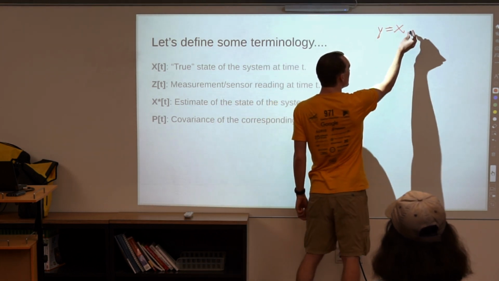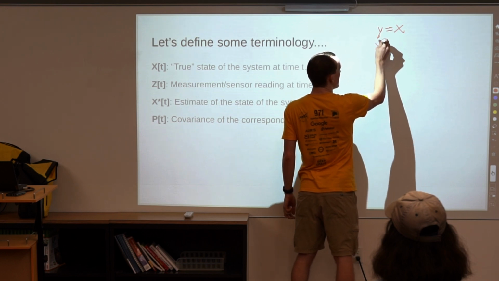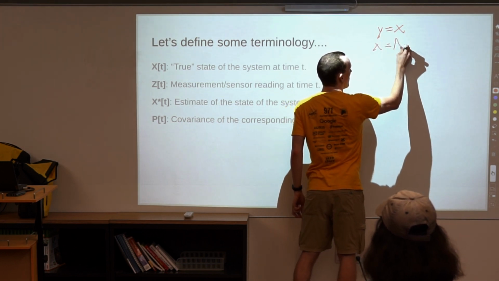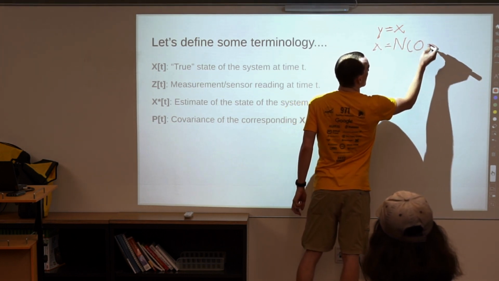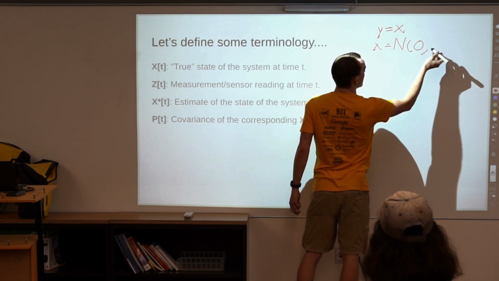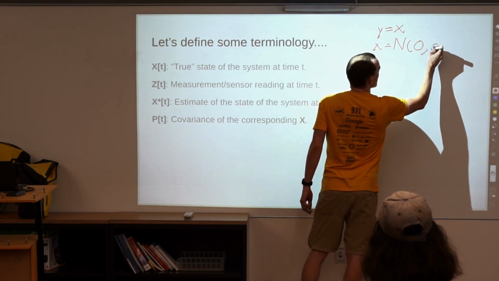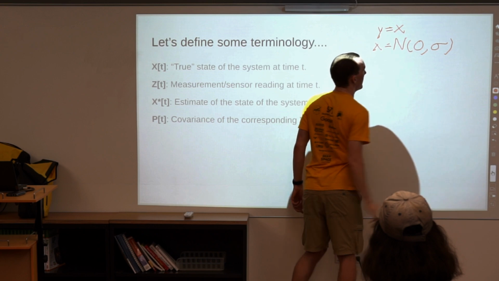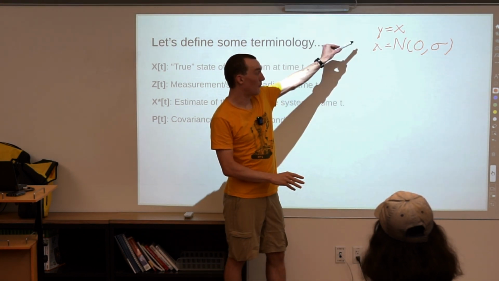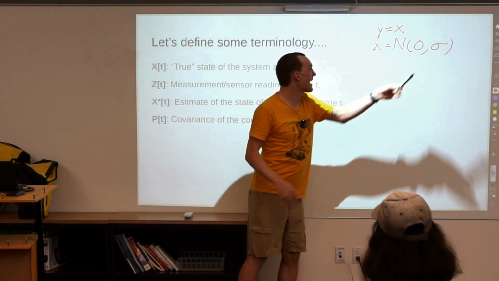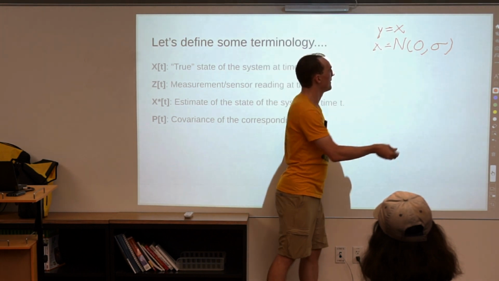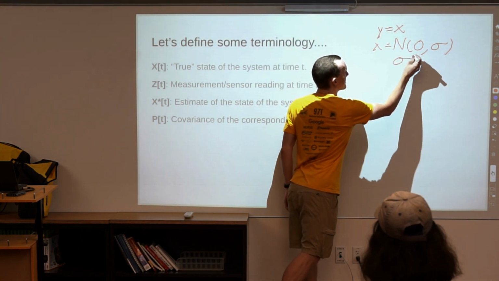Each individually, it may be the case that x is a normal distribution with a mean of 0 and a standard deviation of some sigma, which is fine. Y will also be like that, and then the variance of each variable individually will be sigma squared.